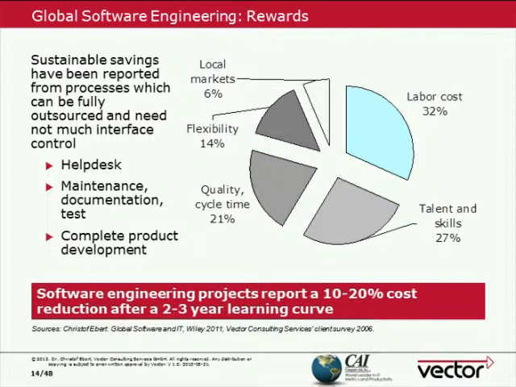So the peak of offshore seems to be reached already, and today we see much more teams which are organized across 2 or 3 locations. That's the average. And with these 2-3 locations, mostly 2, that is the traditional center of R&D, and 1 which is rather nearshore, and then a 3rd one which would be offshore, that is used in order to balance both the flexibility needs and the cost targets.